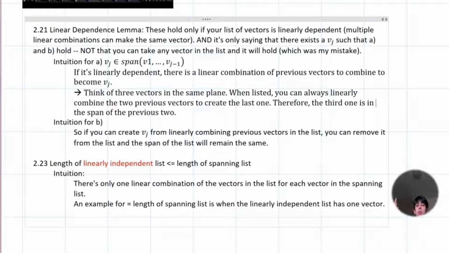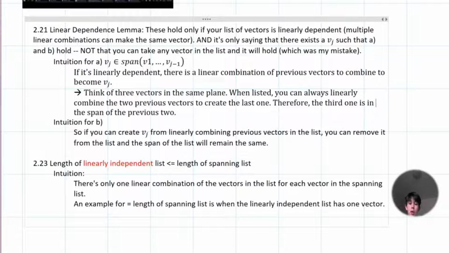So we've got the less than part, but when does it equal the length of your spanning list? Remember, every linear combination creates a vector in your spanning list. There's only one way to do it. So how would you make it equal? Well, what if you have only one vector going in one direction? Okay, let's take the null space.